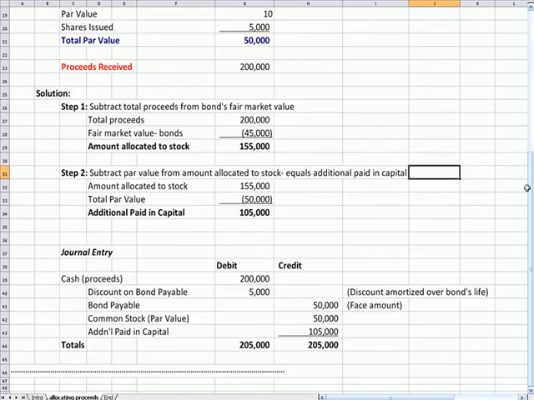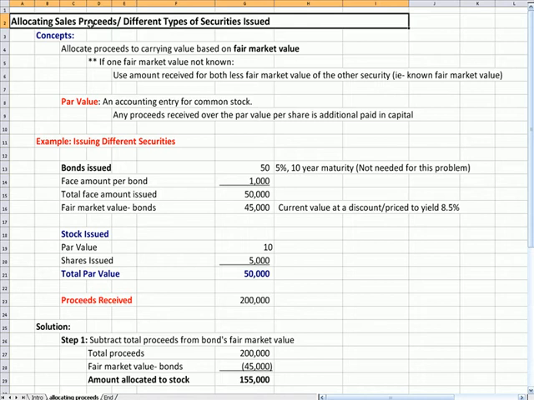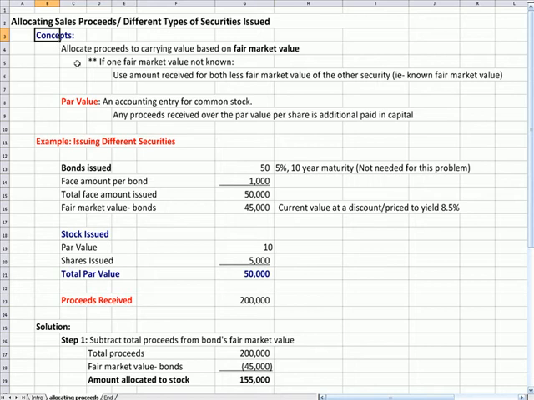So, recent videos in this Intermediate 6 series have talked about allocating investment securities, allocating sales proceeds to different types of securities. In this example, the concept is to allocate proceeds based on fair market value.